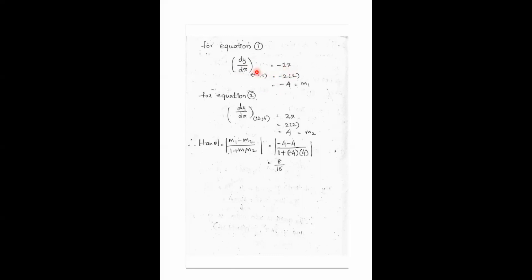Anyway, first the given equation is y equal to 10 minus x square. By differentiating y equal to 10 minus x square, I got minus 2x. I have substituted plus 2 here, and then I got the slope of first equation as minus 4, and similarly I got the slope of second equation as 4.